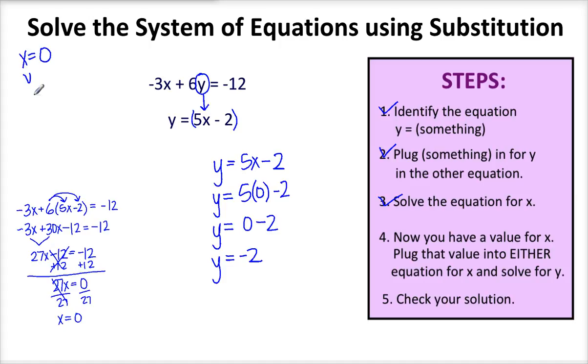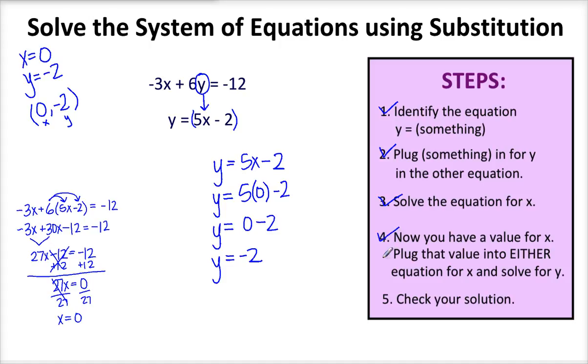So now we have a value for x, which is 0, and y, which is -2. Now the more common way that you would see this answer written is as a coordinate point. So that would be (0, -2). Remember, the first number represents the x value and the second number represents the y value. So that would be the answer for this system of equations.